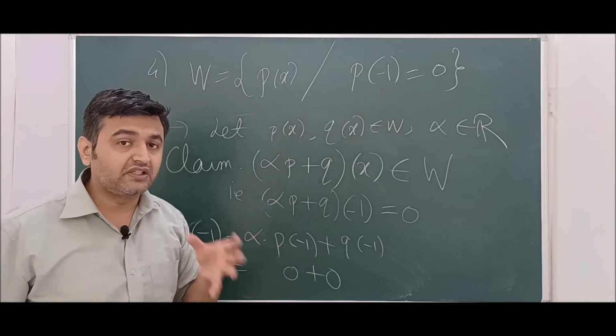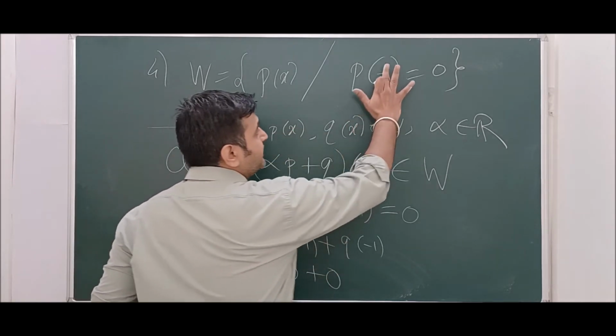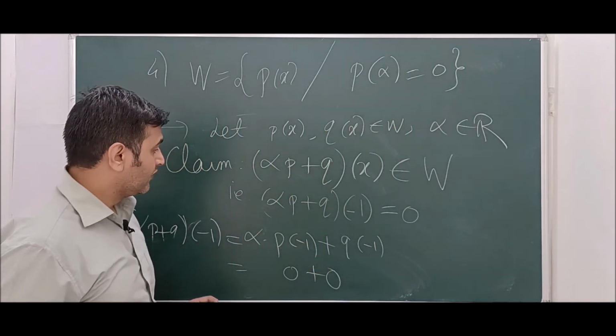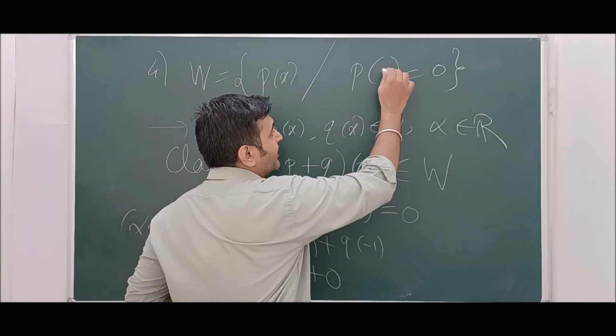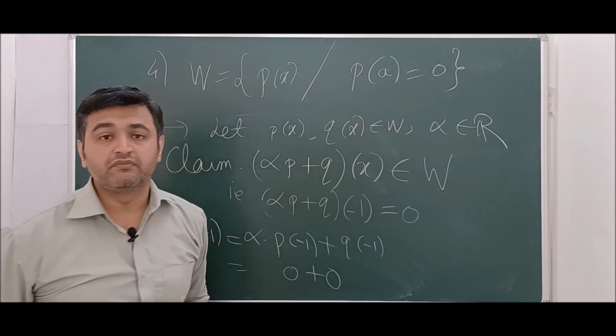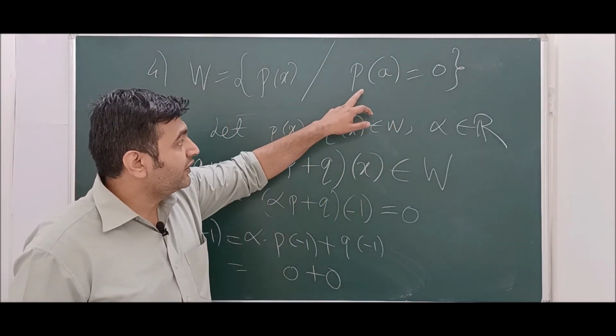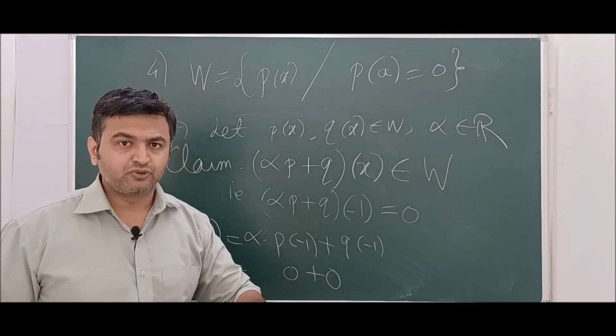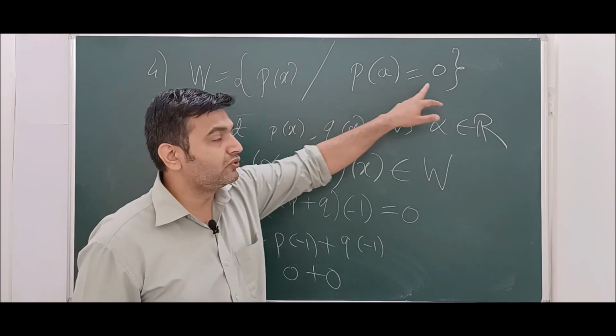So what I meant by generalization is, if I replace 1 by any number a, you should not confuse this with alpha, you take any real number. So you evaluate your polynomial at any real number, you fix a real number a. Suppose you take pi, p of pi equal to 0.